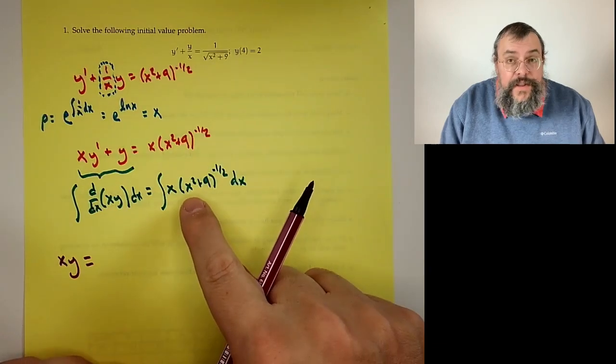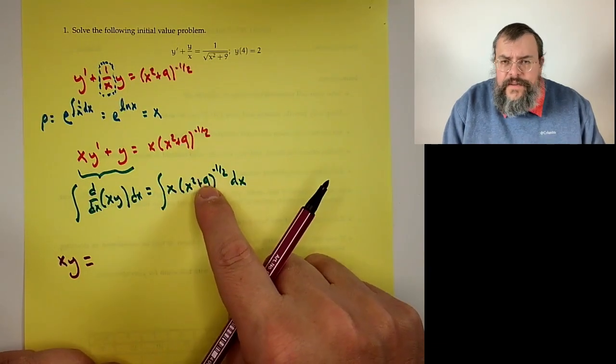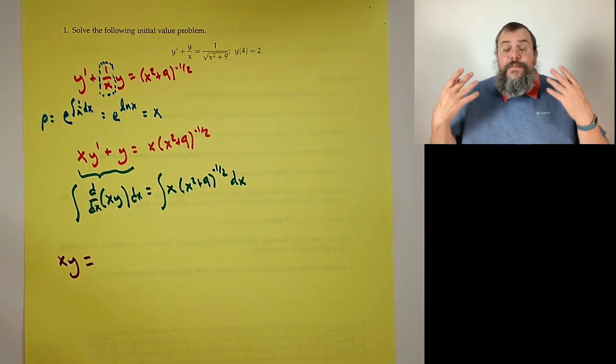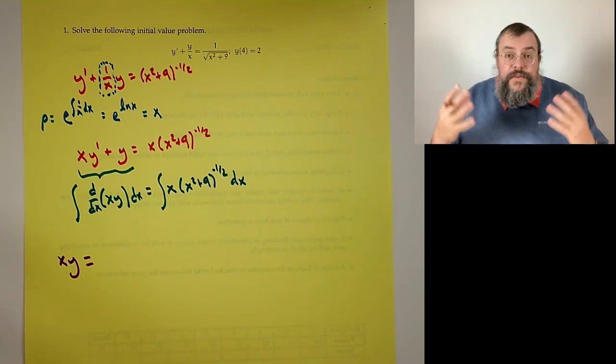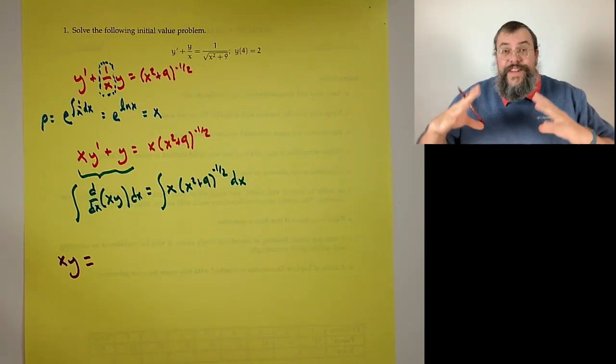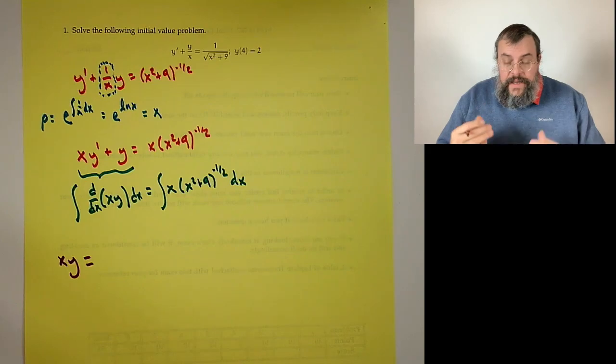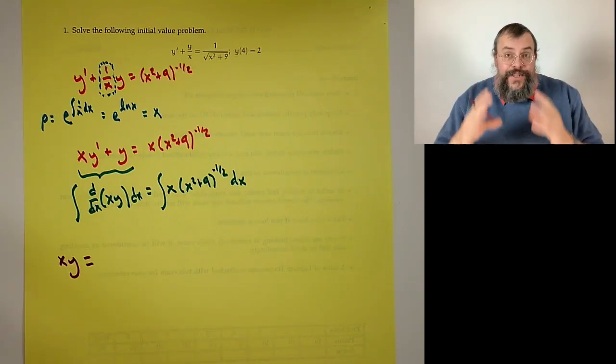Now, looking at it, we see there's an x here, and there's an x squared plus 9. One of the first things you should always look for, if it's not immediately obvious how to integrate or do something really trivial, is substitution. Substitution is like the most powerful tool. And with substitution, we think inside job.